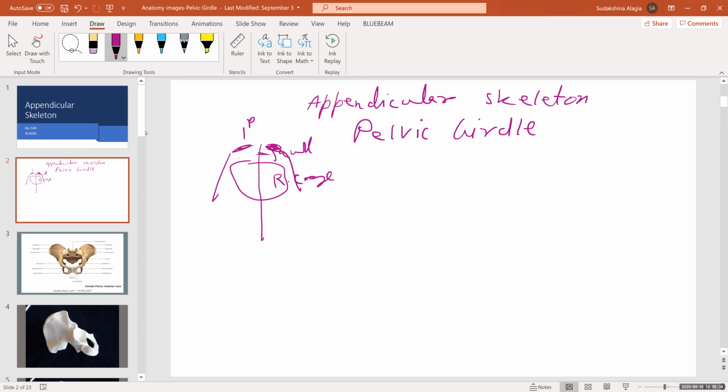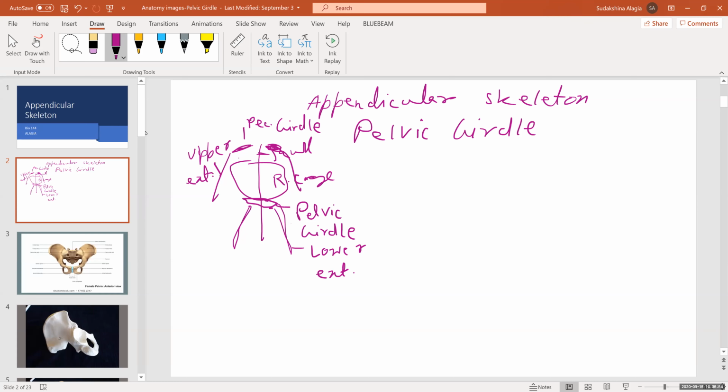So pectoral girdle, bones of the upper extremity, pelvic girdle, which is what we are going to be studying today, and bones of the lower extremity. All of these fall under appendicular skeleton.